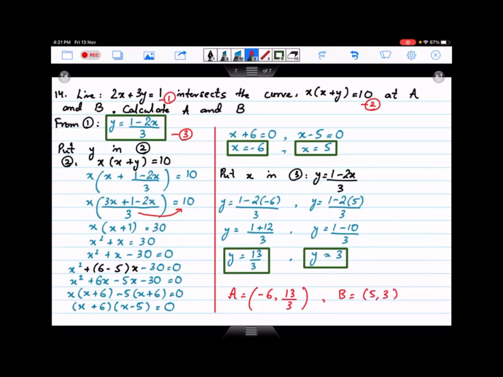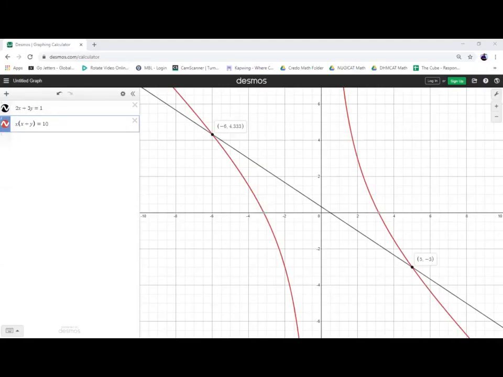Any problem in that? So now you can look at the graph, that is 2x plus 3y is equals to 1, and x into x plus y is equals to 10.